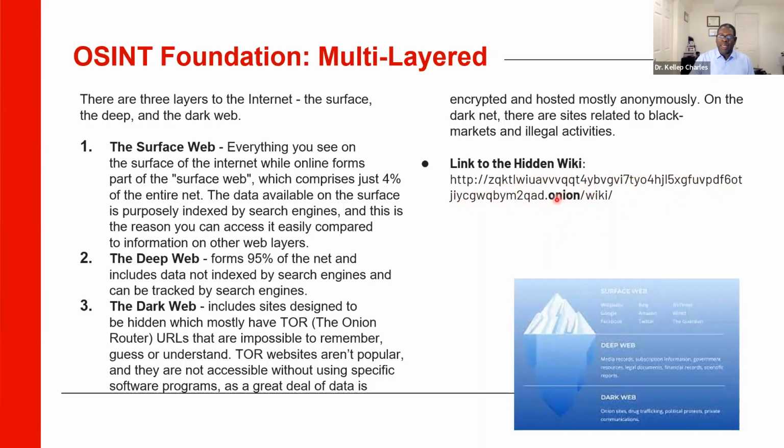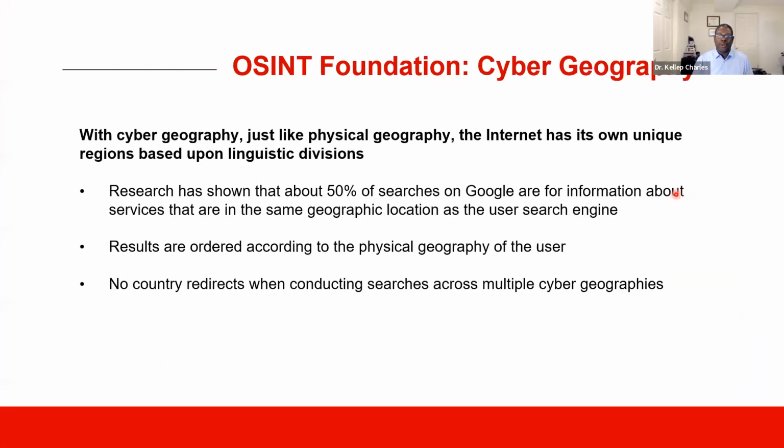But the key thing is that many of the sites that are on the dark web have a .onion suffix to it, where we might have .com, .ca, .net. Dark web websites have .onion to kind of differentiate themselves. But again, the links are very hard to remember and see. So again, this is what we talk about with multi-layered.